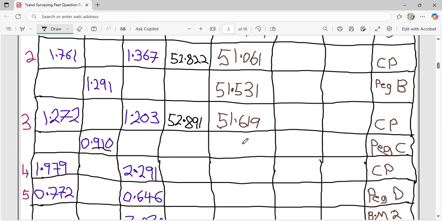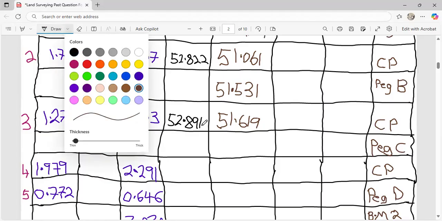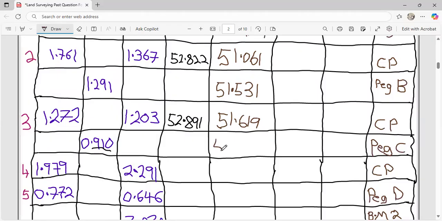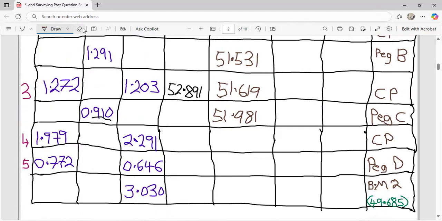So that is going to become 52.891 minus 0.910, which is 51.981. Good.